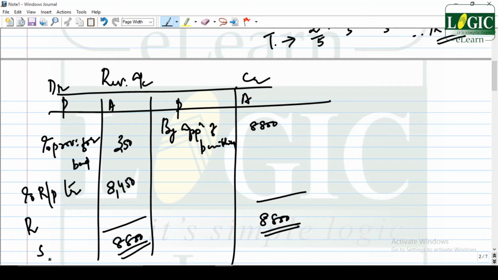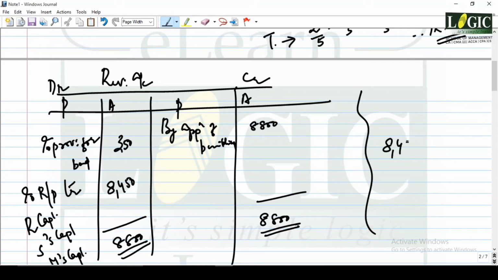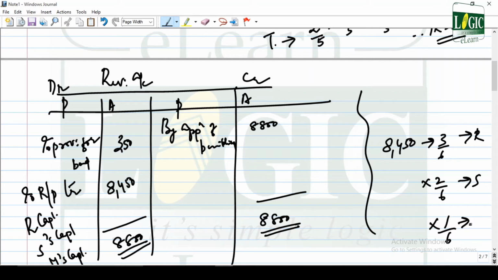So to R's capital, S's capital and M's capital, in which ratio? 3 by 6 for R, 2 by 6 for S, and 1 by 6 for M. Okay, so how?